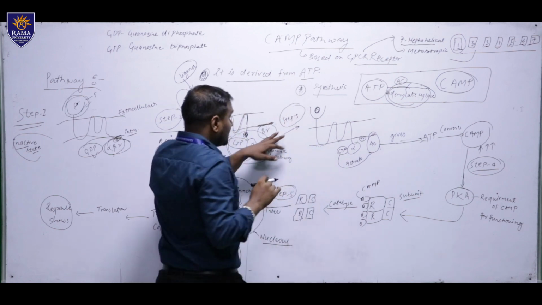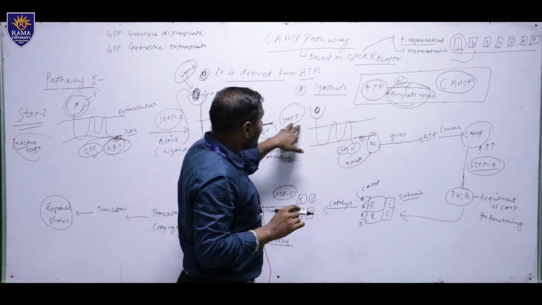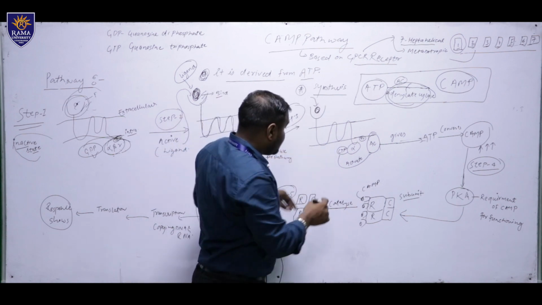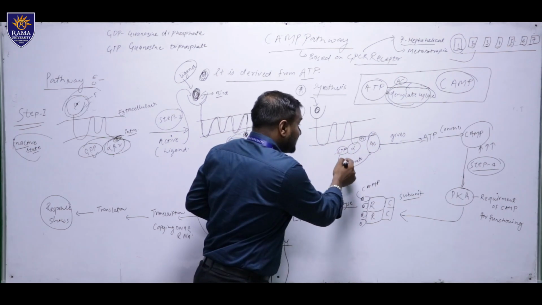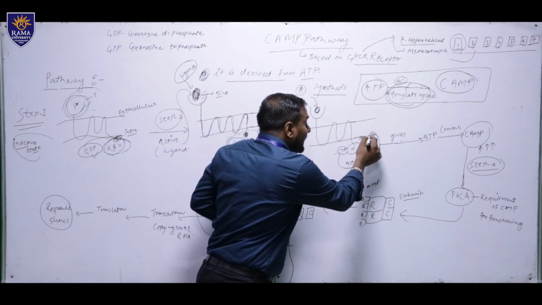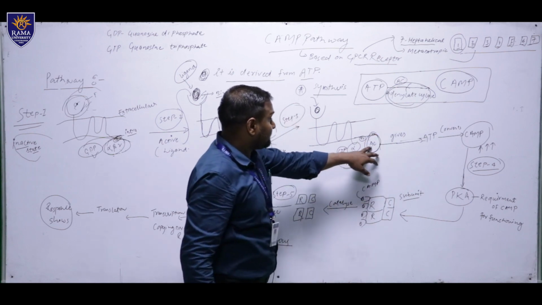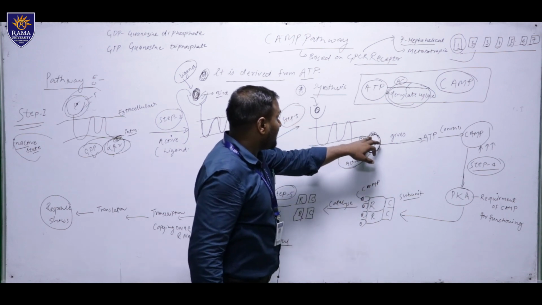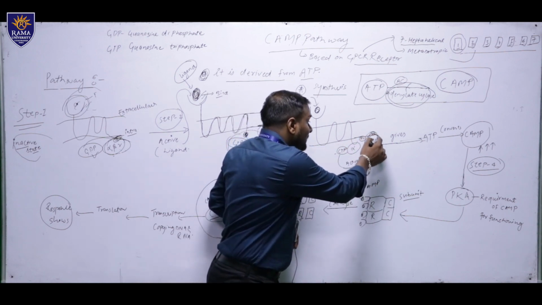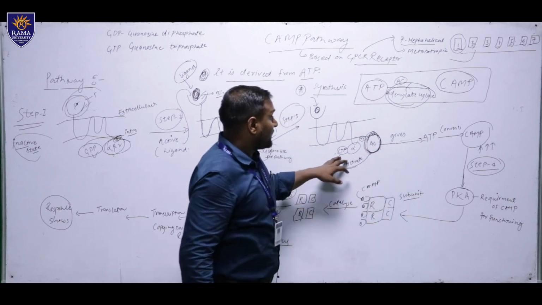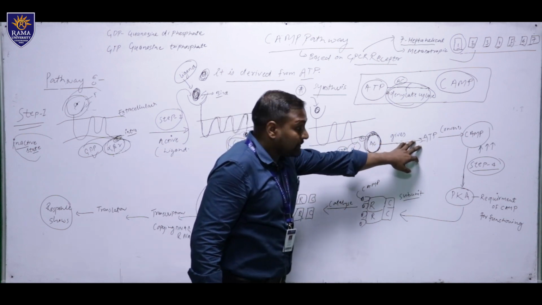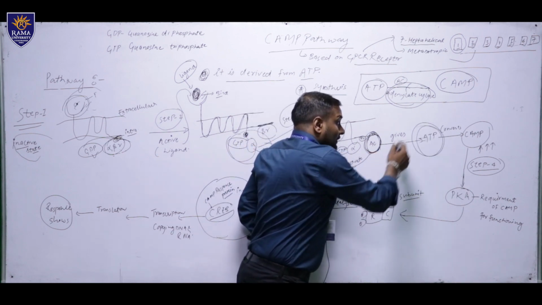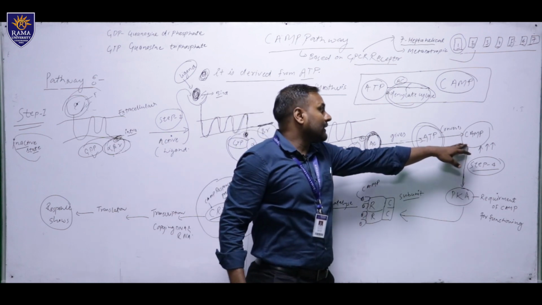Here you can see in the third step the ligand molecule has already bound. After that GTP activates adenylate cyclase, which is present in the intracellular membrane. It activates and gives ATP, some ATP molecules, and then these ATP molecules convert into cyclic AMP.